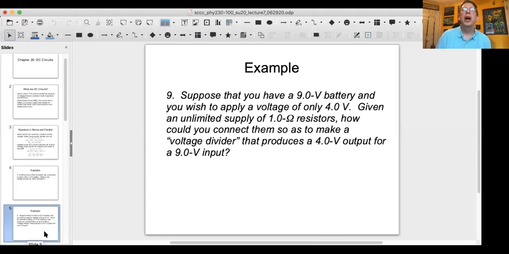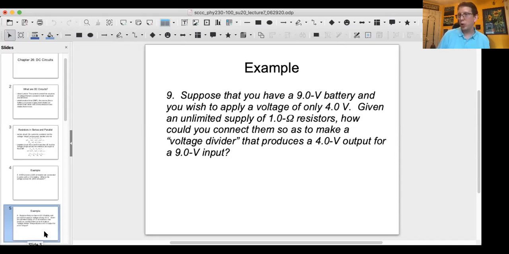So the key to this is the fact that they're 1 ohm resistors doesn't matter. Basically, you can apply resistors in whatever combination you want.